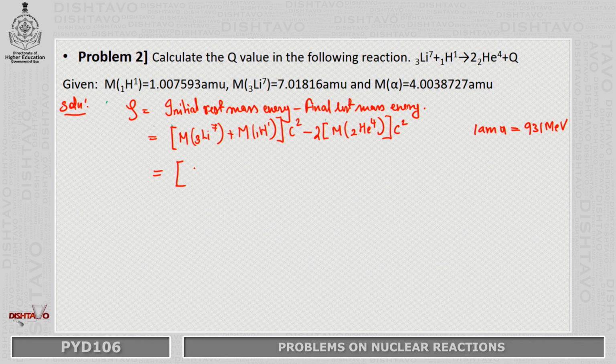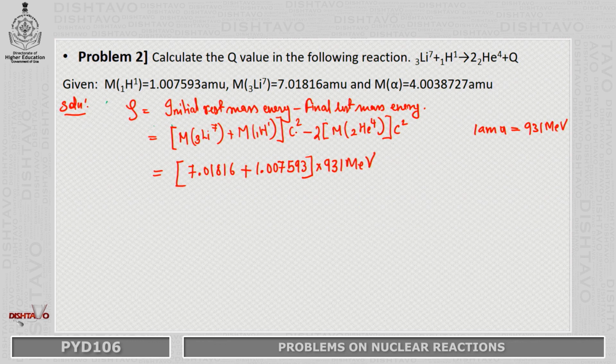So this will be the mass of lithium, 7.01816, plus the mass of hydrogen, 1.007593, into 931 mega electron volts.